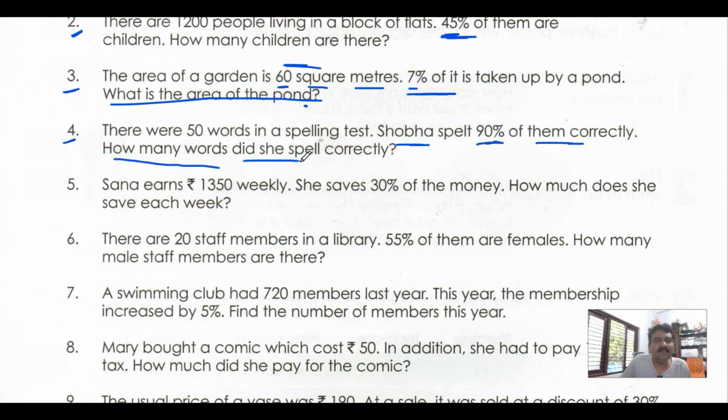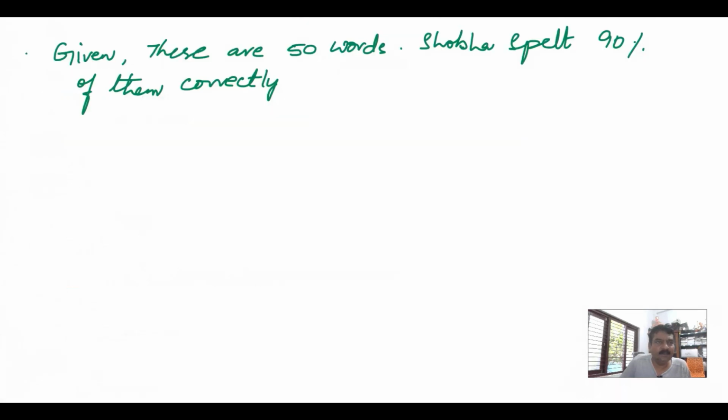How many words did she spell correctly? Let's see. It means 90% of how many words? 50 words, right? That is 90% of 50 words. 90% means 90 out of 100 into 50 words, total words, right?